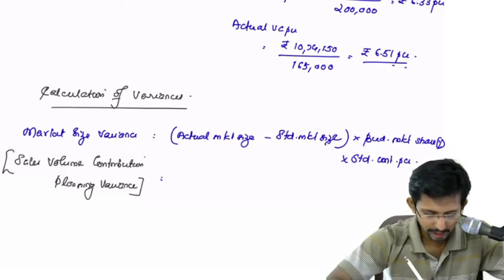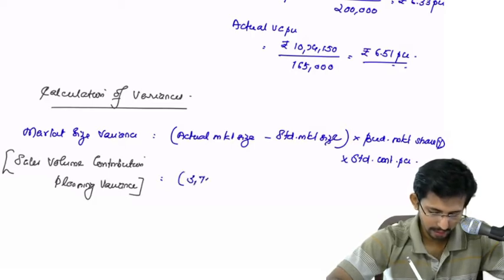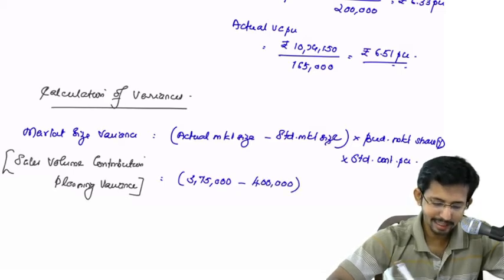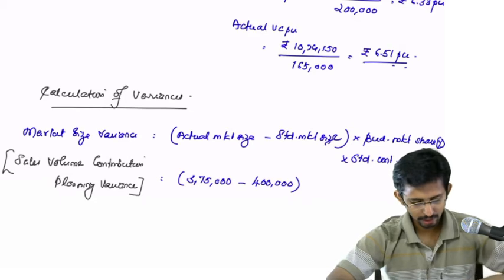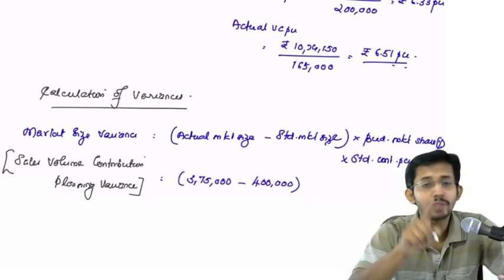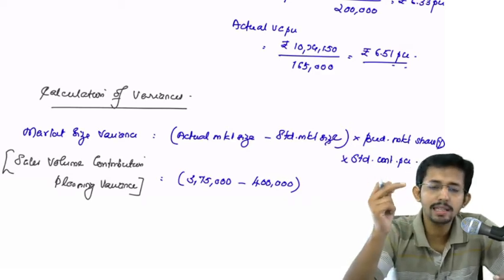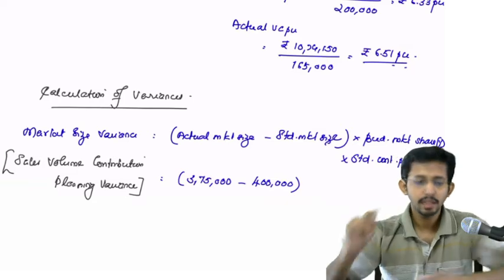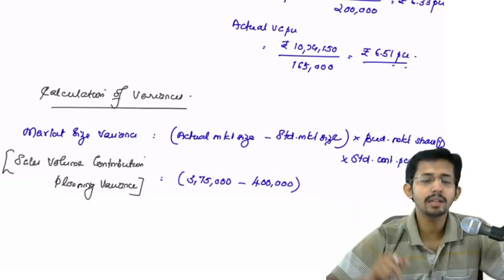What was the actual market size? It was 3,75,000. How much did you budget? We budgeted 4 lakhs. So there is a decrease of 25,000. And you have a budgeted market share of 50%. So whenever your market size decreases by 25,000, 50% of that will be the variance which will come to your entity.